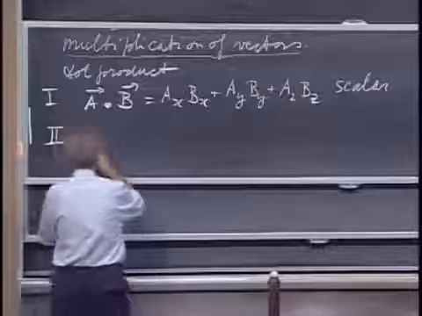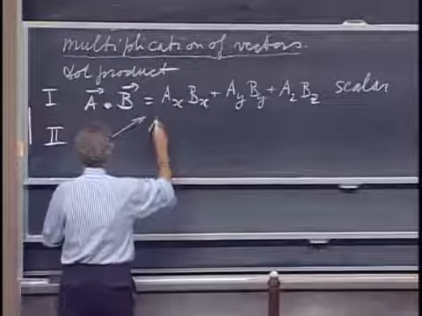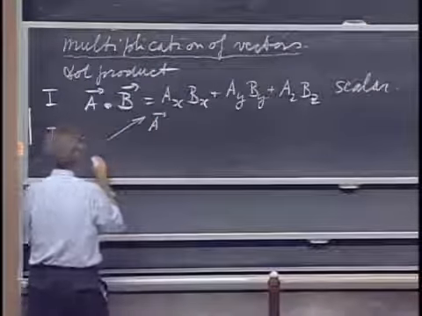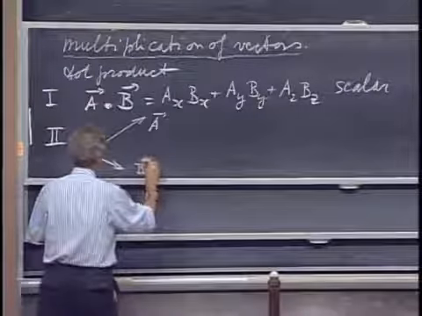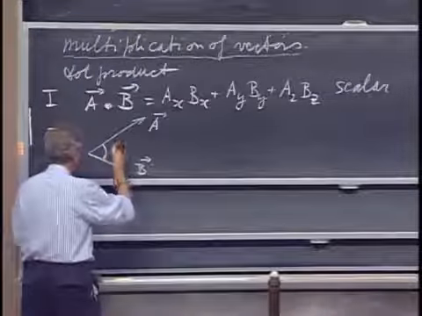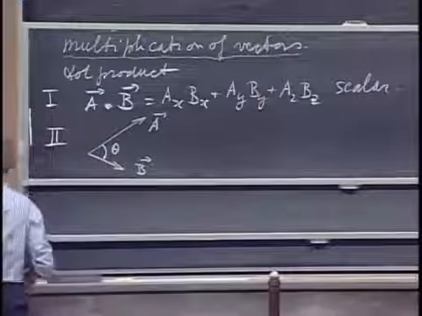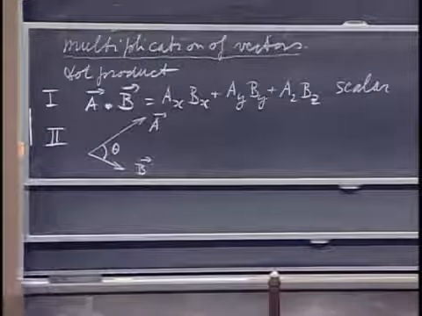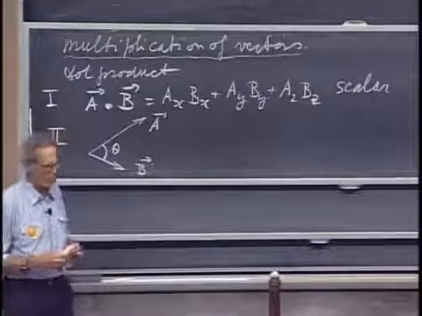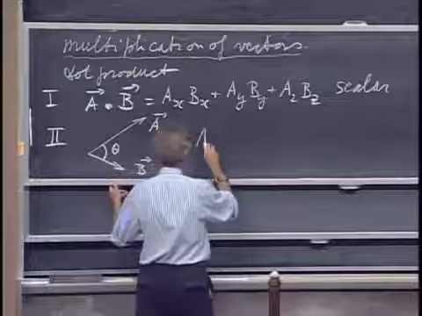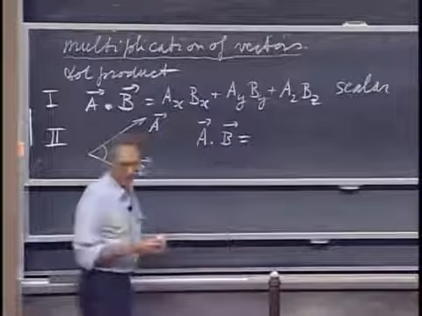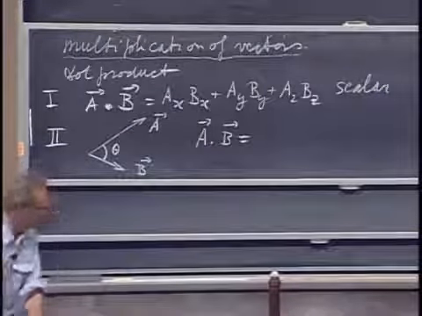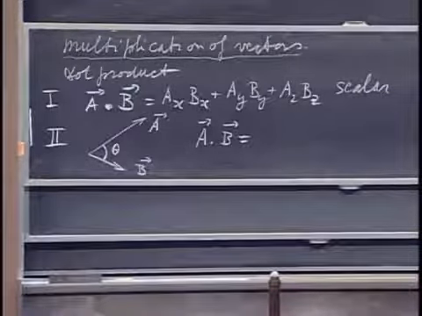If someone gives you the vector A, and you have the vector B, and you happen to know this angle between them, this angle theta, which has nothing to do with that angle theta, it's the angle between the two, then the dot product is also the following, and you may make an attempt to prove that.